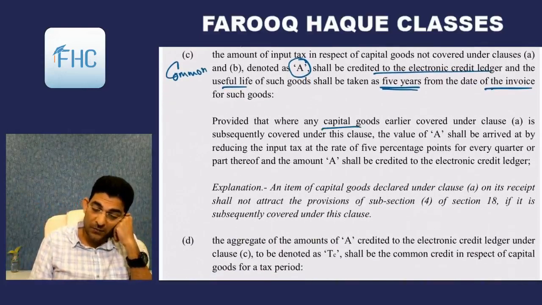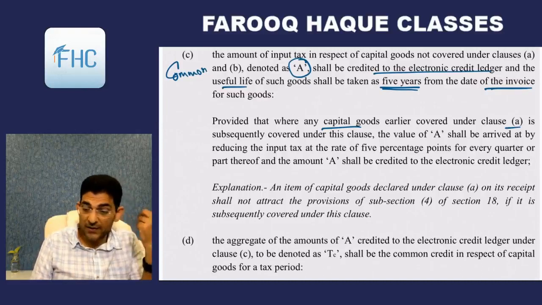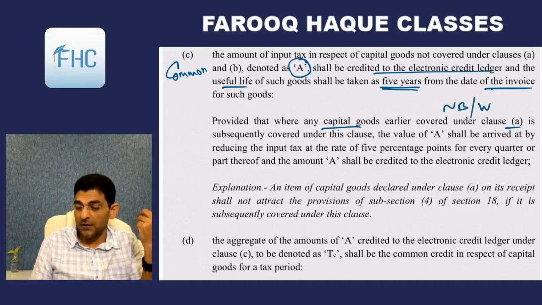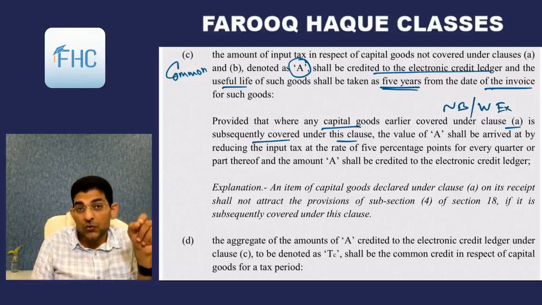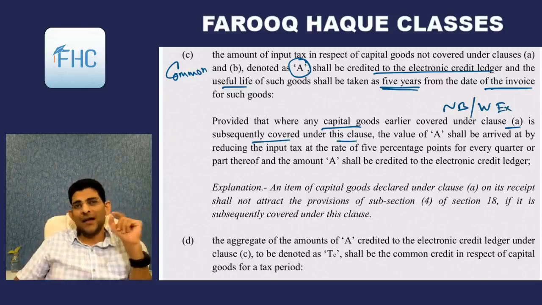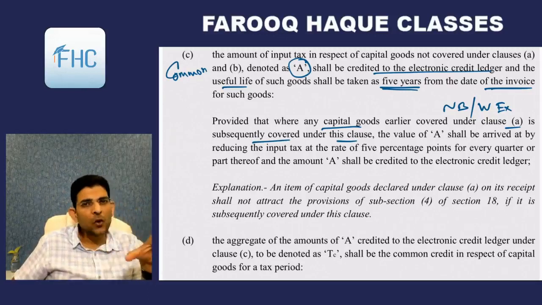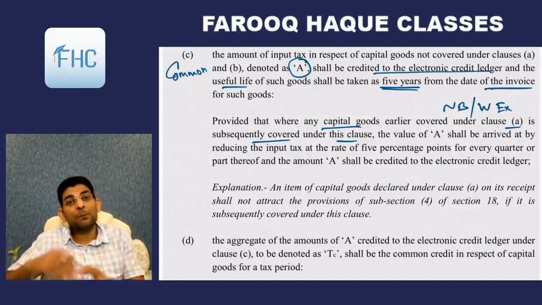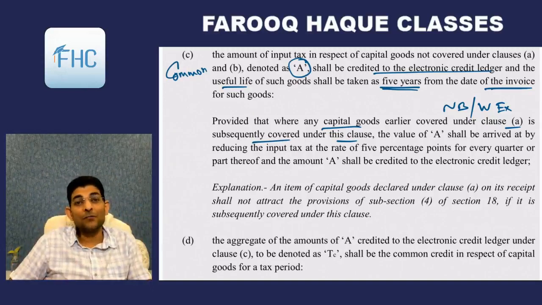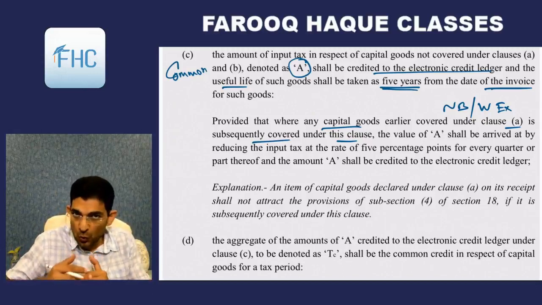Provided that where any capital goods earlier covered under A, means wholly exempt supply or non-business, is subsequently covered under this clause, means I had an asset which was earlier used for wholly non-business use, maybe in house, or for affecting exempt supply, but now I'm using it partly for exempt and partly for taxable supply, means I start using it for taxable supply also.